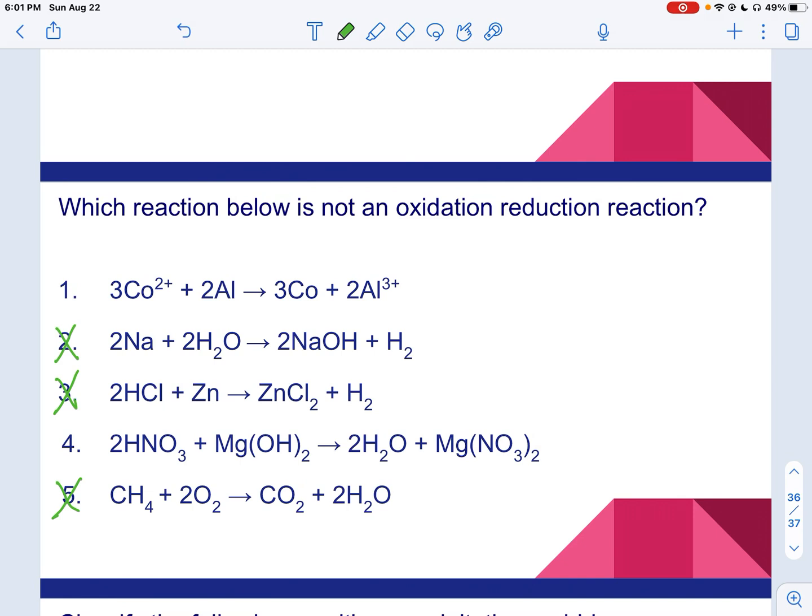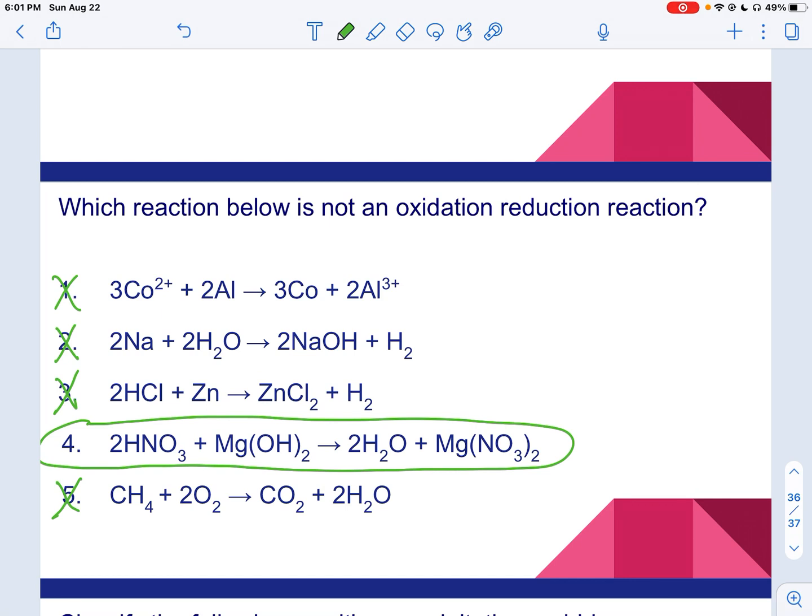Single replacement right here, not going to be the answer. And as I'm doing that, oh, this is also single replacement. And as I'm doing that, I noticed that this one is double replacement. Double replacement is never redox. So that's got to be the answer. So you could have just found that one if you noticed it, or use process of elimination. Either one of them is fine, as long as you get the right answer.